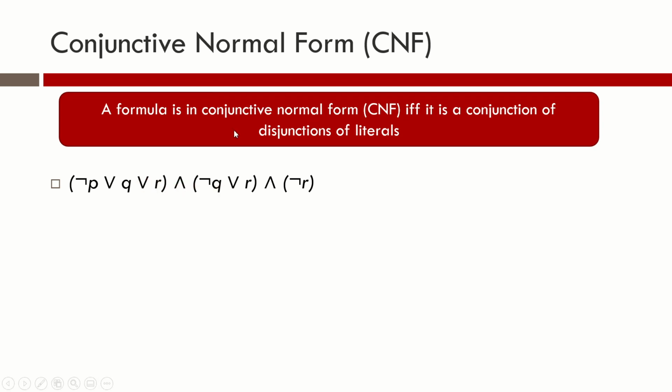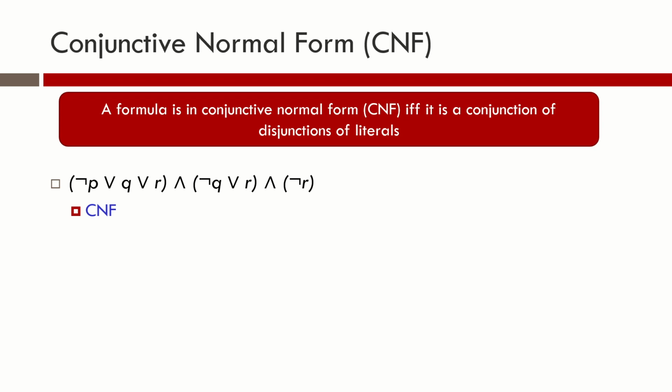So a formula will be in CNF only if it is a conjunction of disjunctions of literals. It should be in this form alone. So this particular formula is in conjunctive normal form.